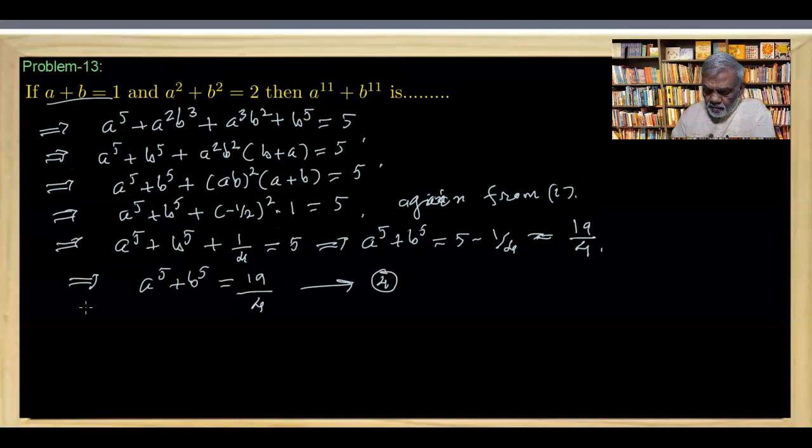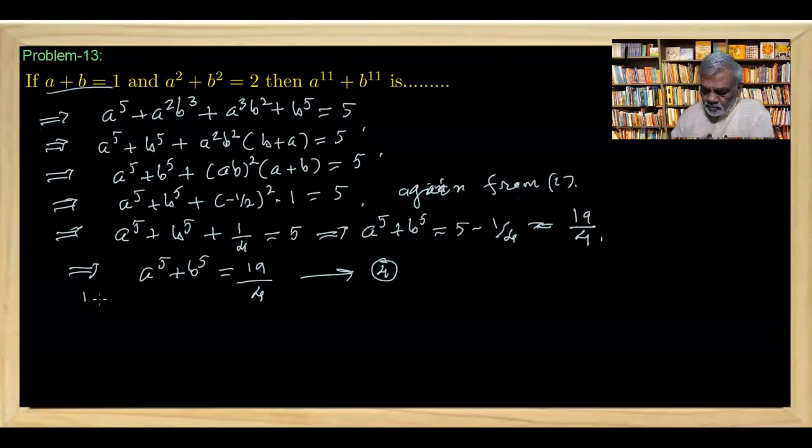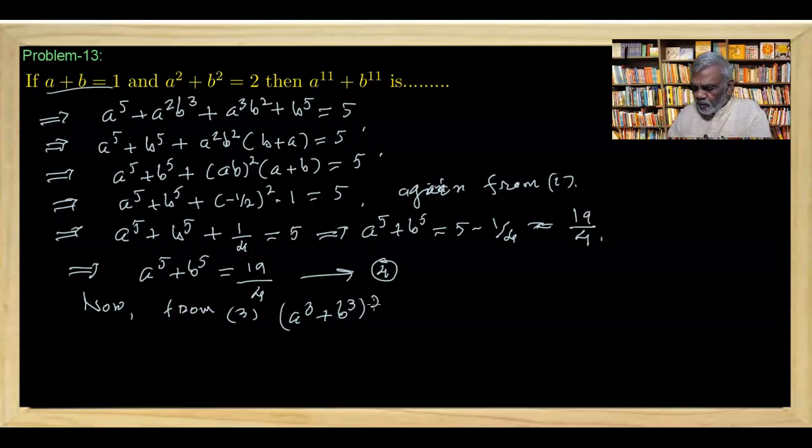Now from 3, a cube plus b cube, raised to 2, is equal to (5/2) whole square.